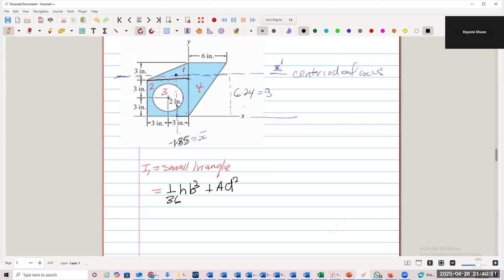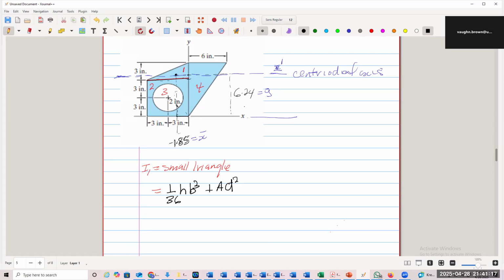Sir, wait. It says 1 upon 36 times base times height cubed. That is for the x, not for the y. If you're going in the y direction, looking at it in the other direction, you're going to put base times h cubed.